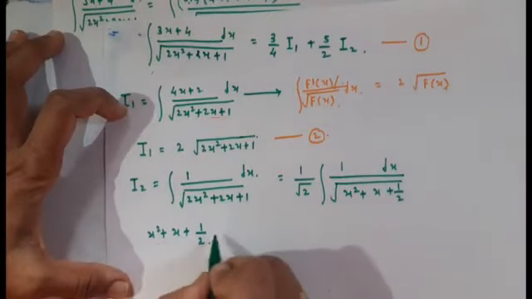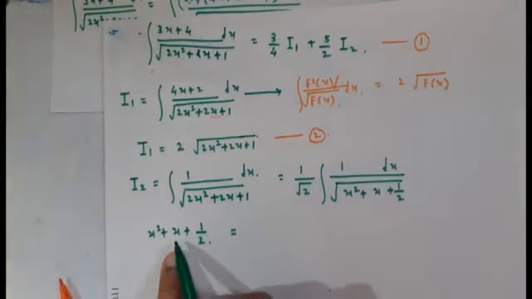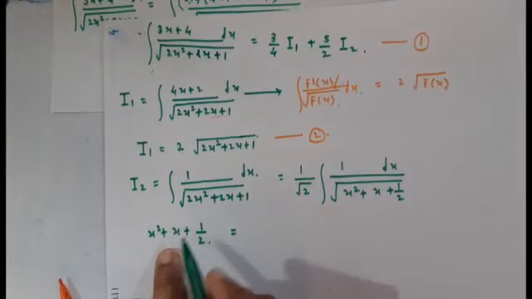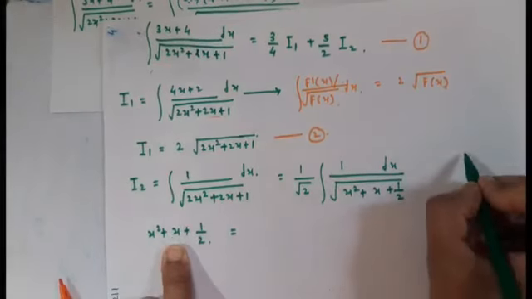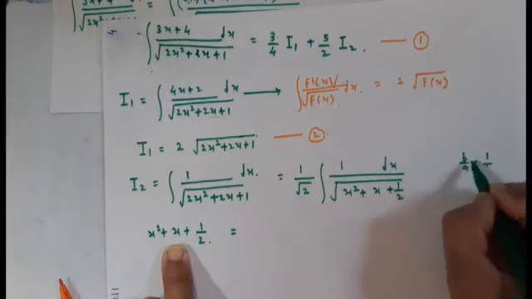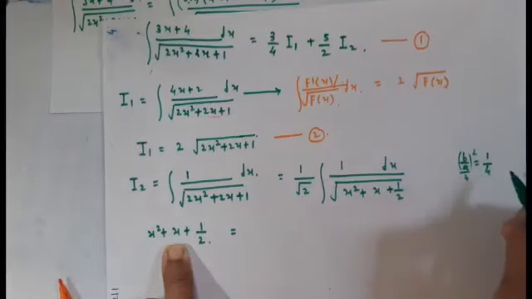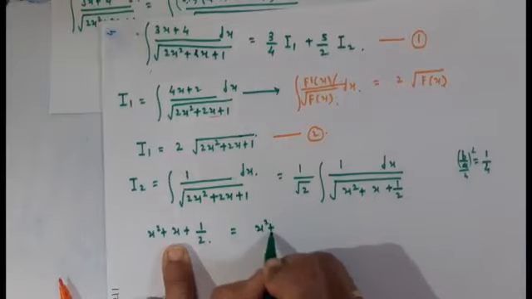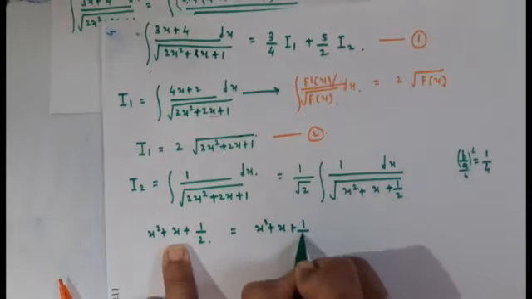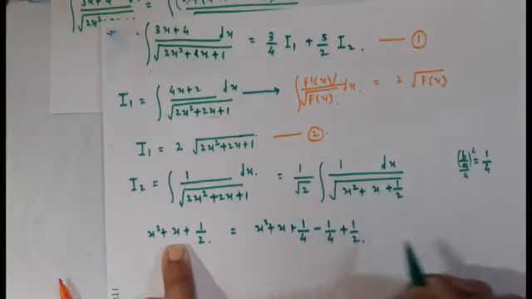Now simplify the term x square plus x plus 1 by 2. To adjust, for completing the square, we will adjust the term. The middle term coefficient b by a is 1 here, so b by a whole square divided by 4, that is 1 by 4, is the term that we have to adjust. So this is x square plus x plus 1 by 4 minus 1 by 4 plus 1 by 2.